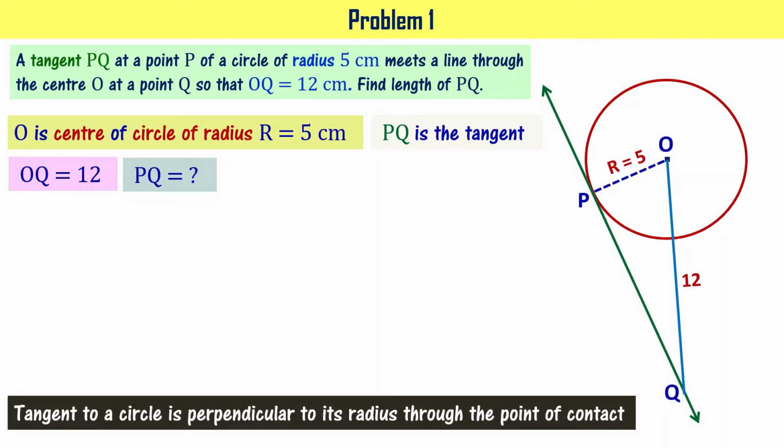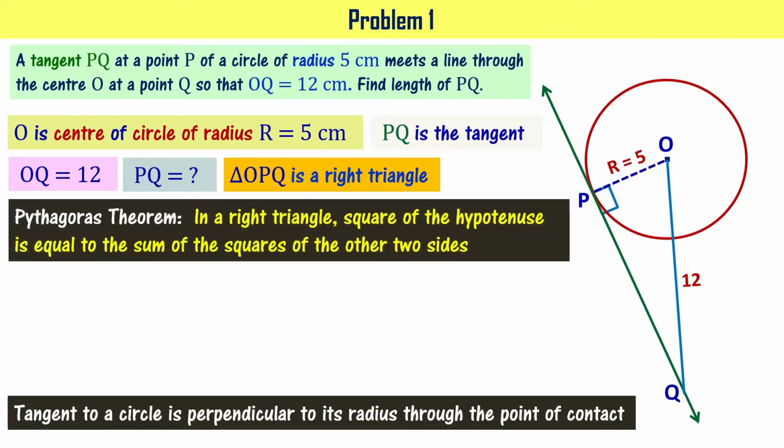We know that a tangent to a circle is perpendicular to its radius through the point of contact, right? It means angle OPQ is 90 degrees, right? It means triangle OPQ is a right triangle, right? We know that Pythagoras theorem relates the sides of a right triangle as follows.